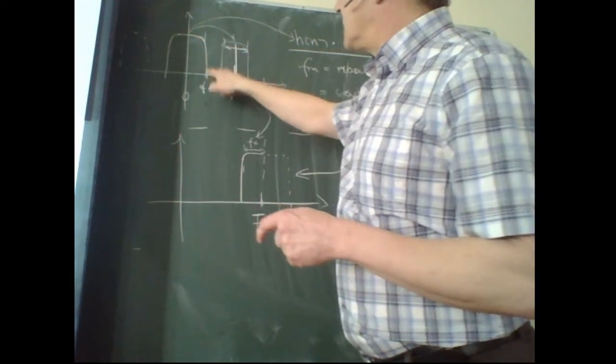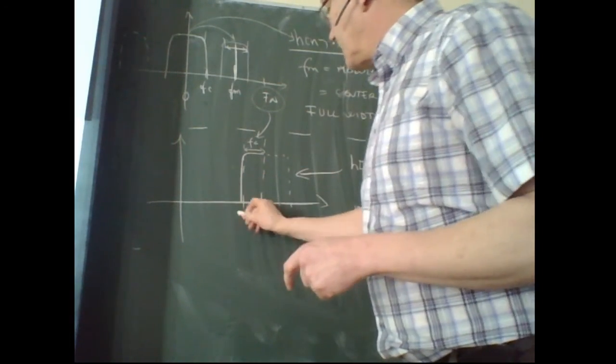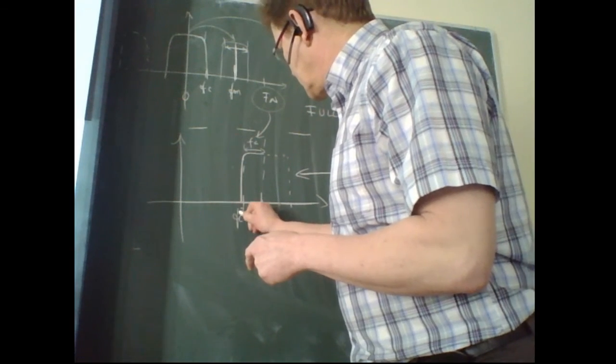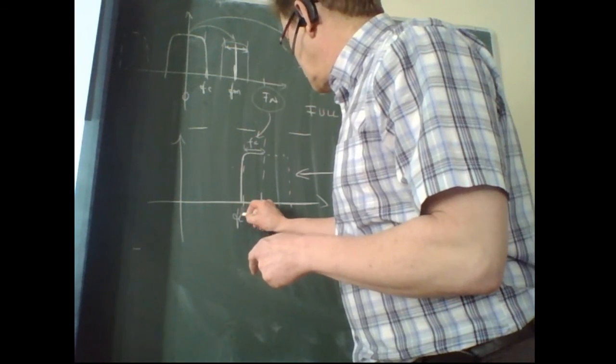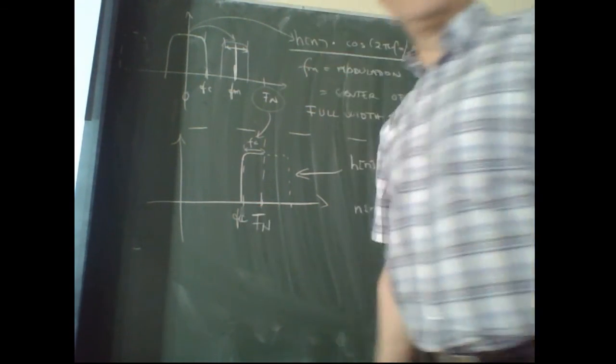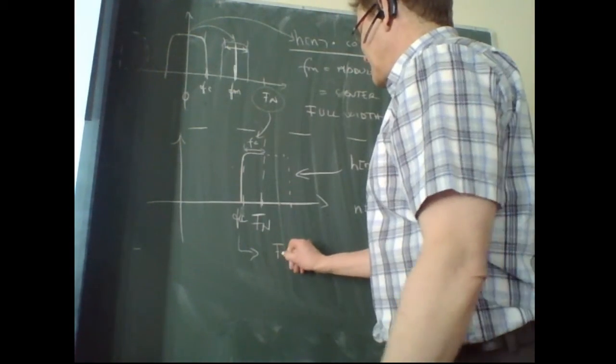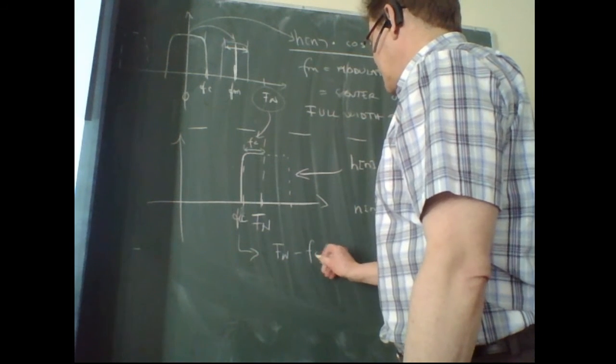If that FC is here, the cutoff frequency of this high pass filter is right here. Okay, so the cutoff frequency is basically the Nyquist frequency minus FC.